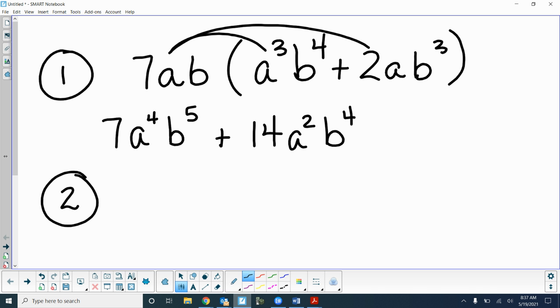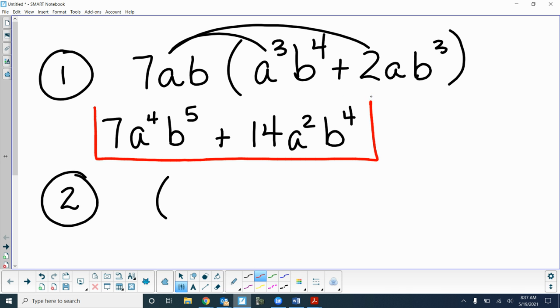All right, number 2 is, again, another multiplication problem. Any questions? But I got a binomial this time, times a trinomial.